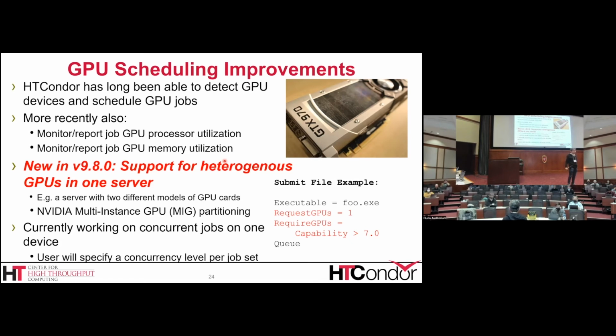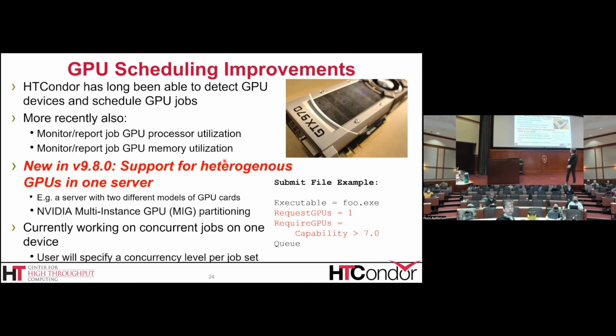And in 9.8, there's support for heterogeneous GPUs in one server. So for instance, if you had one server that had some old GTX 970 card and a spanking new A100 card, HTCondor can deal with that now.